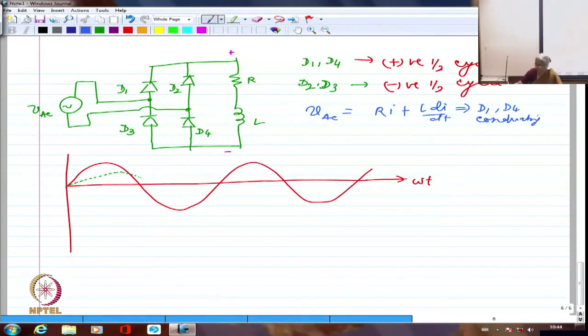Vm sin omega t was directly connected to the load when D1 and D4 were conducting. Whereas Vm sin omega t, when it became beyond pi, the reverse of that is connected to the load. So I should write that as minus Vm sin omega t being connected to the load. That's what I'm trying to write, minus VAC equal to Ri plus L di by dt. That will be when D2 and D3 are conducting.